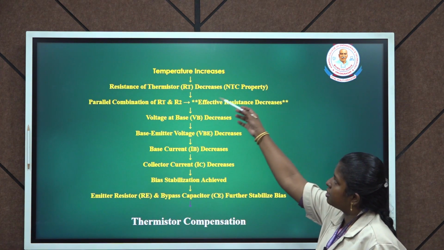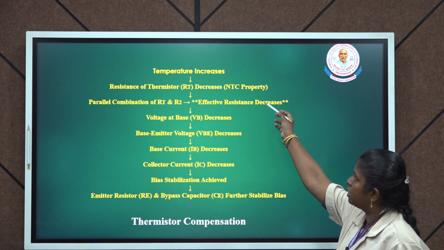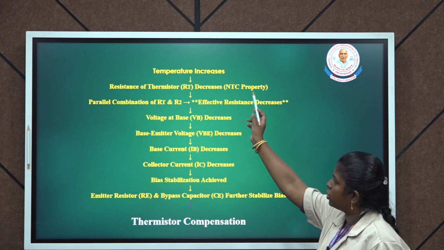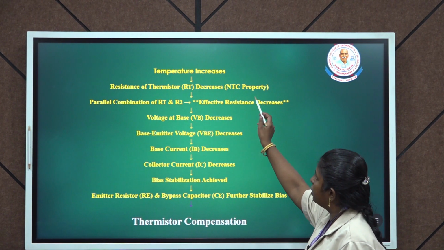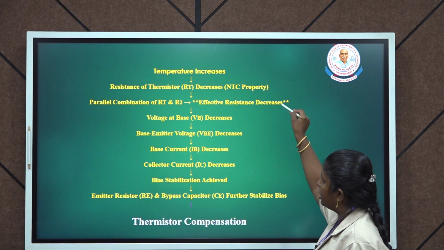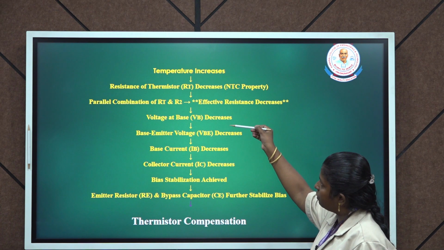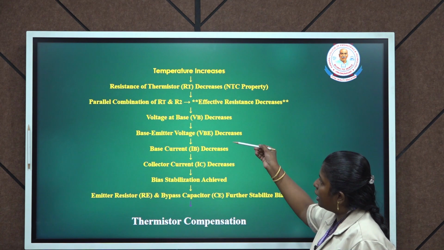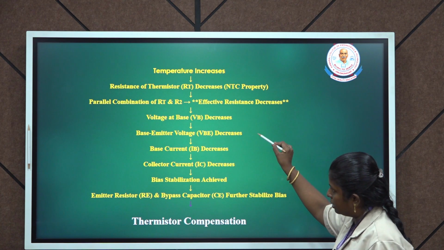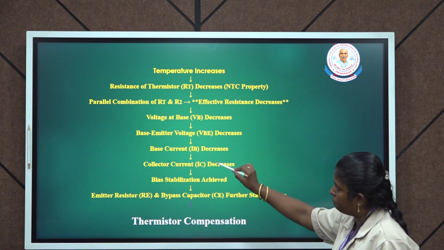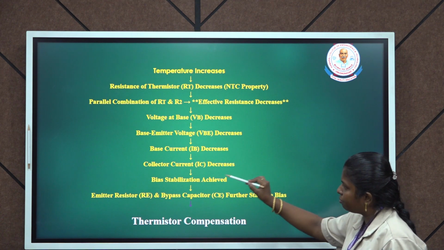Here I have given a flow chart to understand the thermistor compensation. When the temperature increases, the resistance of the thermistor decreases, which is the property of NTC, the negative temperature coefficient. Coming to the parallel combination of RT and R2, the effective resistance decreases, and the voltage at the base also decreases when we insert this RT. The voltage across base and emitter decreases, the base current IB decreases, and the collector current IC also decreases.